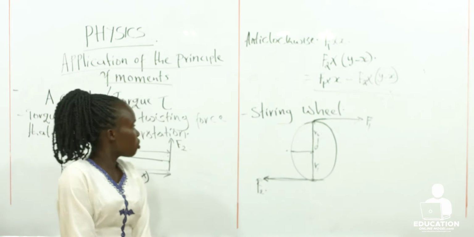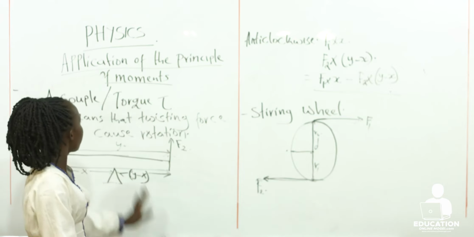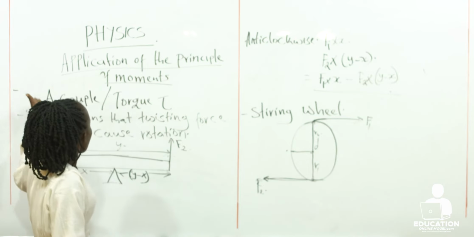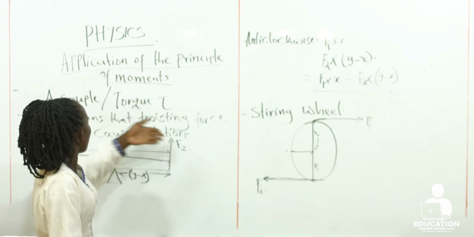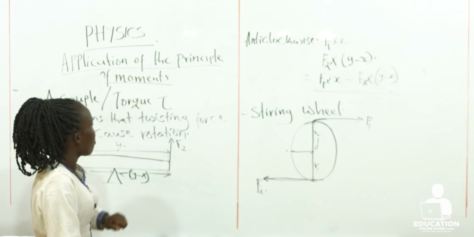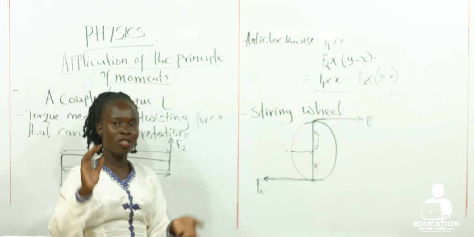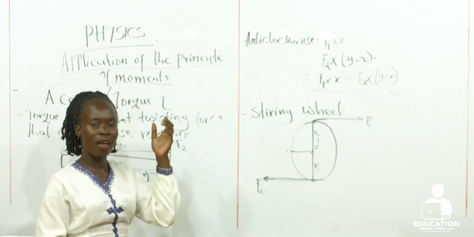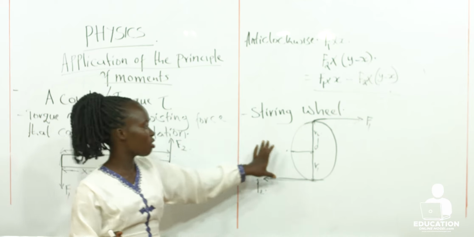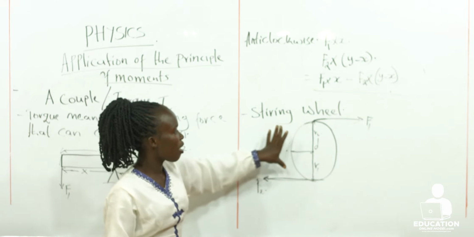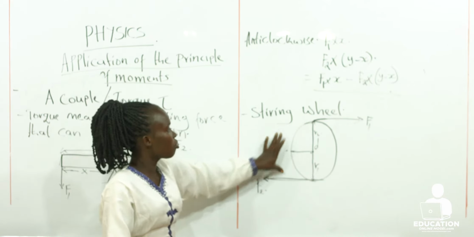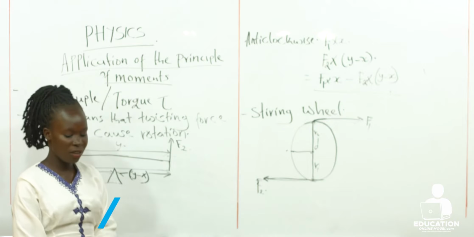So for today, you should know the definition of torque, or a couple. So you see why people keep on rotating the steering wheel to the other side: they are applying the torque there to balance the steering wheel.